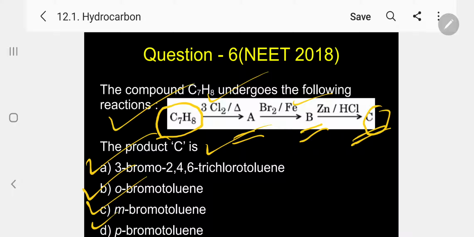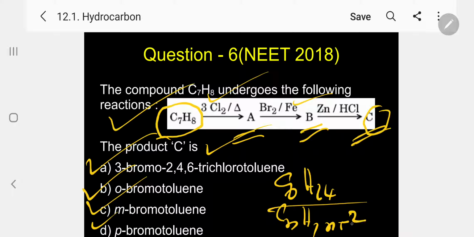Benzene is C6H6, whereas hexane is C6H14. The general formula for alkane is CnH2n+2, alkene CnH2n, and alkyne CnH2n-2.